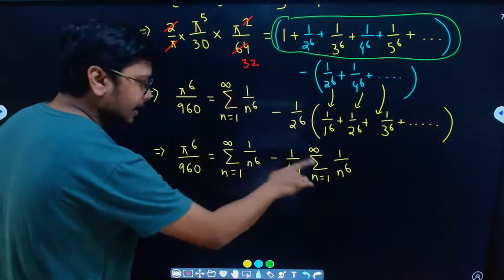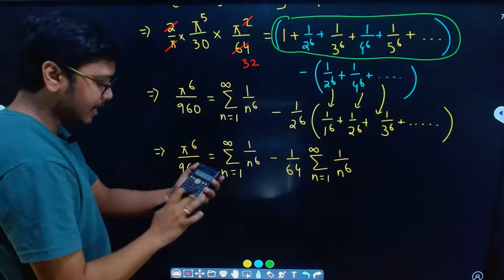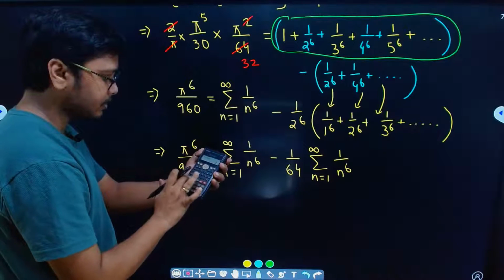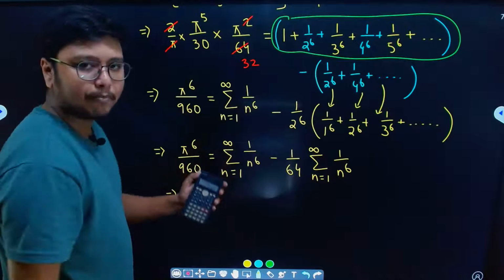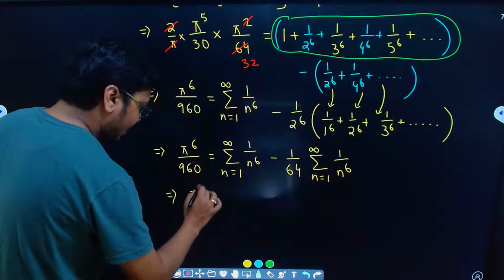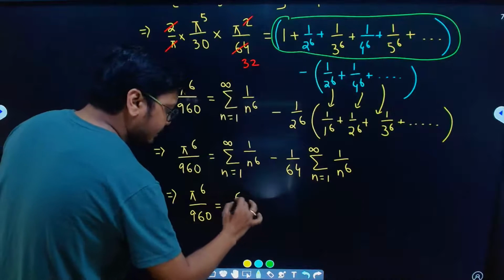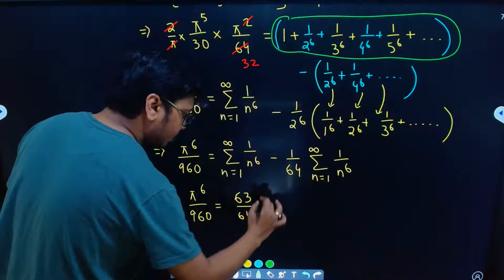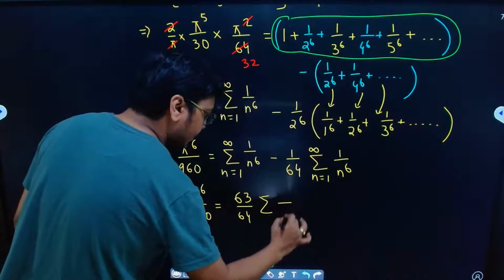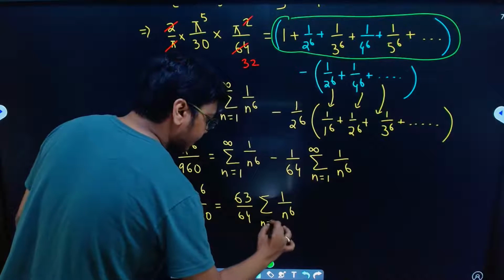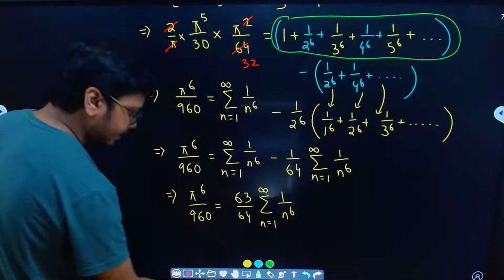So if I subtract these two terms, basically I'll have 1 minus 1 upon 64, which is 63 upon 64, right? So pi to the power 6 by 960 equals 63 upon 64 summation 1 by n to the power 6, n from 1 to infinity.